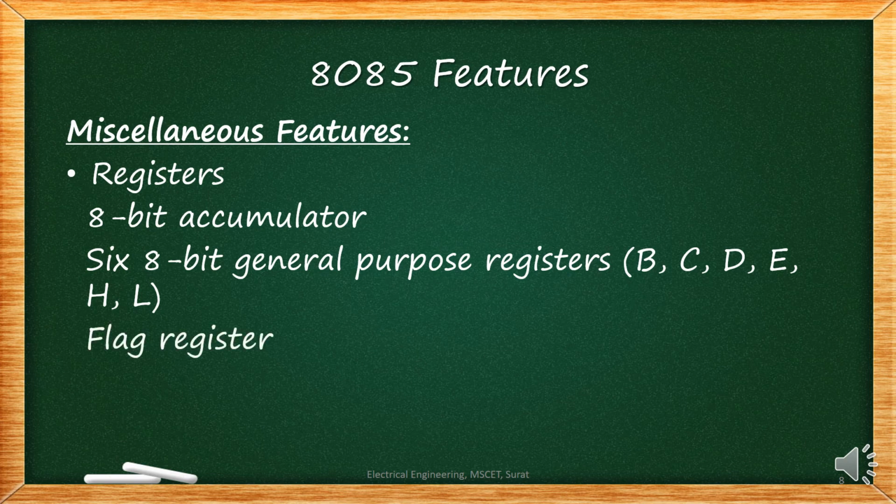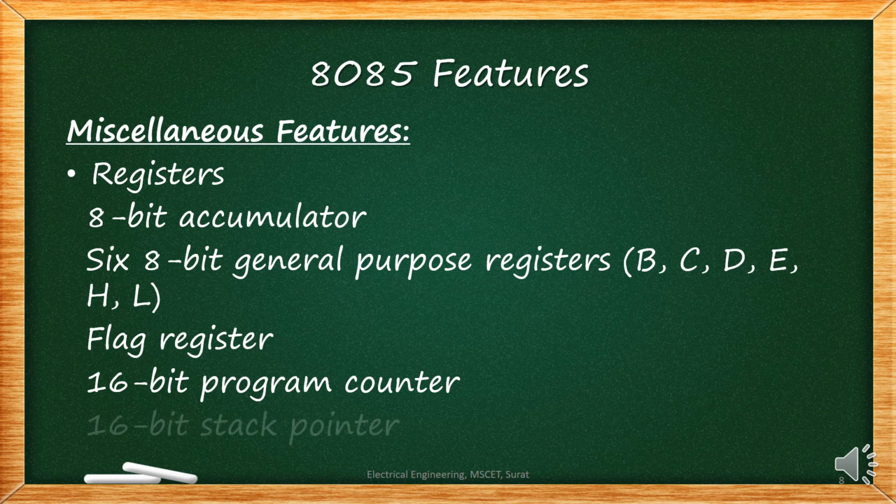Then it has a flag register. It is an 8-bit processor, but it has some special registers which are 16-bit: first is the 16-bit program counter, and second is the stack pointer, which is also a 16-bit register.